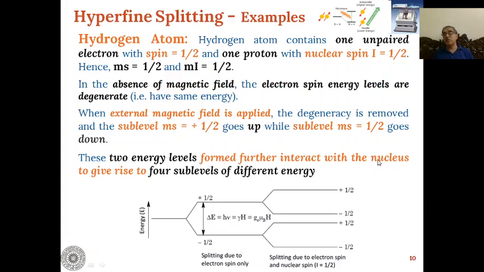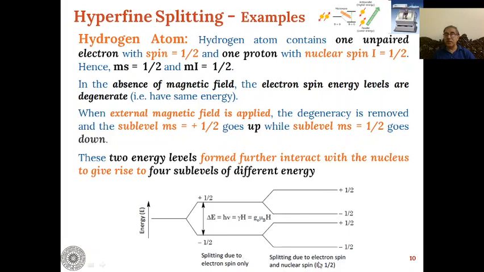Different types of hyperfine splittings take place in the ESR spectrum depending upon the number of equivalent nuclei, non-equivalent nuclei or delocalized nuclei that are present.